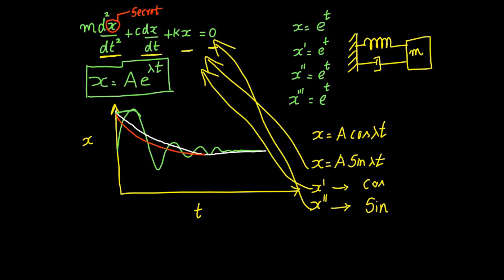You don't have a common term. If you don't have a common term, you cannot take them outside. If you cannot take them outside, you cannot throw them on the right hand side. It cannot become 0. So the equations are going to get a little bit complex. That is the reason why we cannot assume a trigonometric solution.